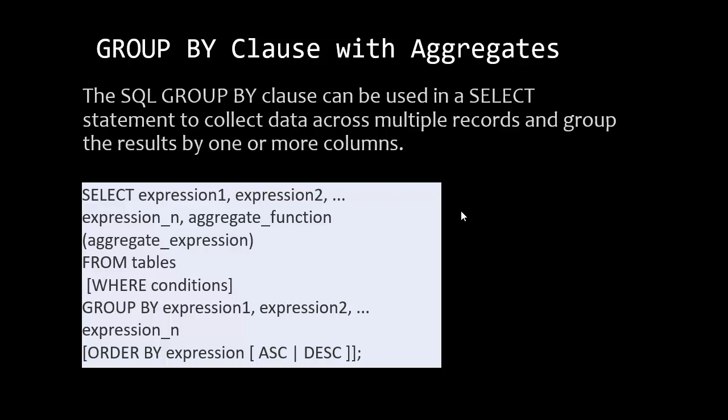In this particular case, maybe it's a customer. Maybe it's a store, in our examples. It could be anything based upon what your database is doing. So the only time you add a different column in your select statement with an aggregate, it must be to group it, and if that's the case, it must be in the group by clause.